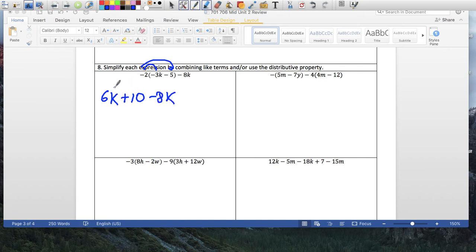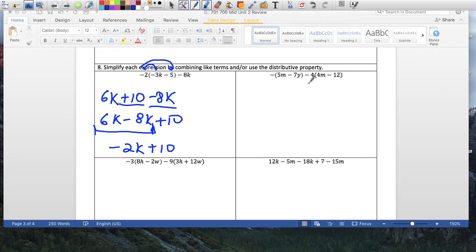Now I'm ready to combine like terms. Let me rewrite this. I'm going to move the 6k next to the minus 8k, and the plus 10 to the back. Focus on these two because they're like terms. 6k minus 8k is negative 2k, and then plus 10 in the back.